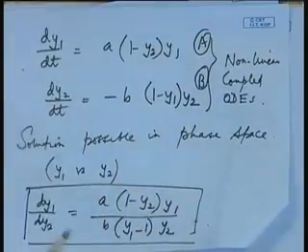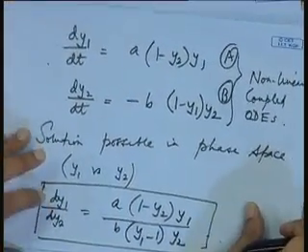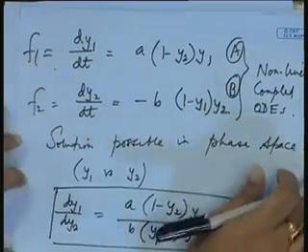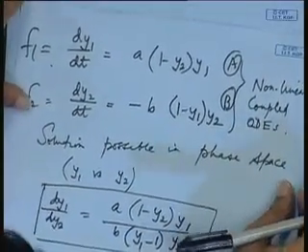So this is my system of equations, and this is equation 1. Let's call this F1, and this is F2. What we need to look at is the Jacobian. If you've forgotten, I'll recap.